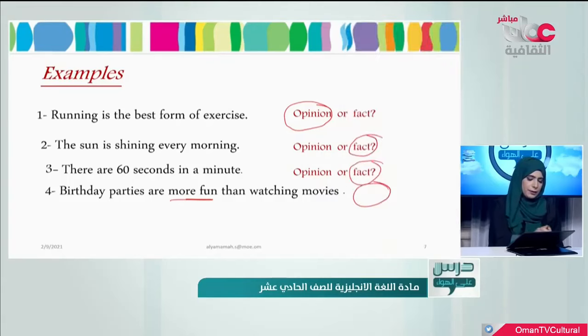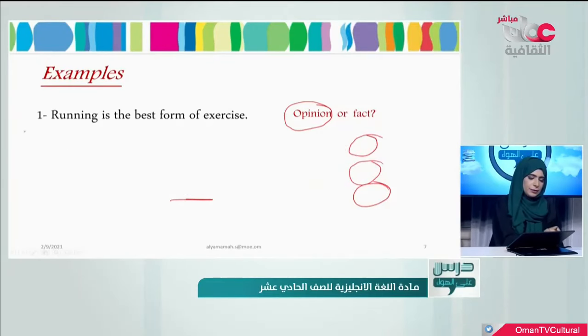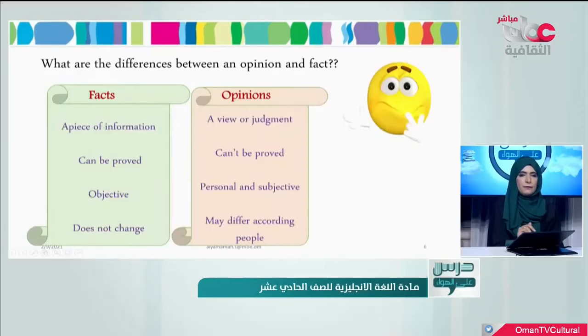Let's go back to the previous slide just to tell you what the difference between facts and opinion is. As you can see here on the screen, facts are a realistic piece of information. All of the facts can be proved. We can have different evidence that shows this is true, and normally facts come out at the end of different researches and discoveries, so they can be proved.